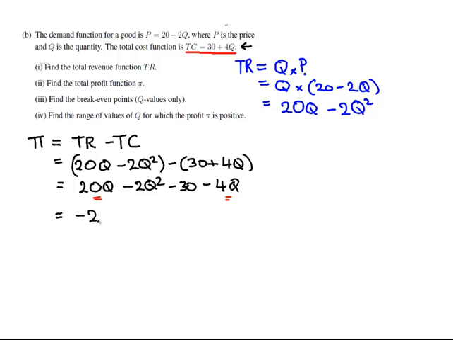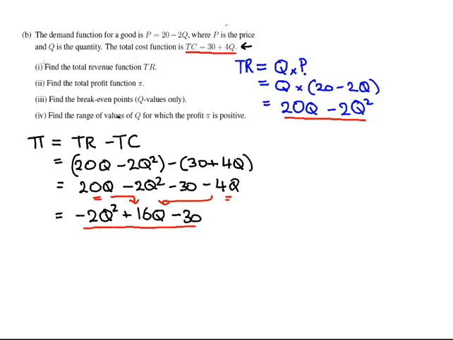So we can simplify this as minus 2Q squared plus 16Q minus 30. Okay, the 20Q and the minus 4Q is how we end up at the plus 16Q. So that is the total profit function there. That's the answer to the second part.